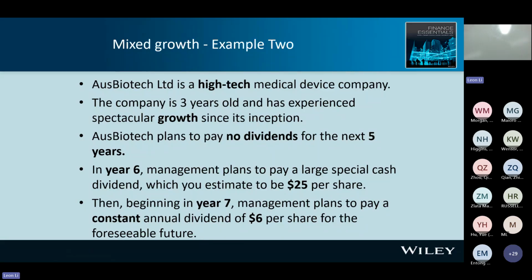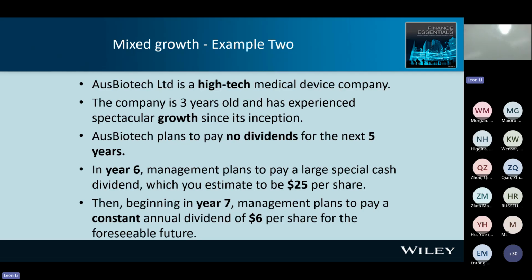That means the dividend growth rate is 0. All right, so you can see we have 3 stages. No dividend, year 1 to year 5. Year 6, a large dividend, $25. After year 6, from year 7, constant dividend payment, $6.